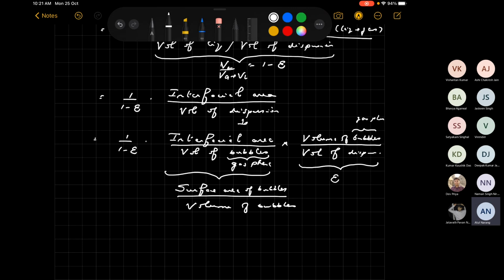Would you agree with me? So what is this ratio? If I assume that all bubbles have the same size dB, then the surface area is what? 4 multiplied by pi r squared.